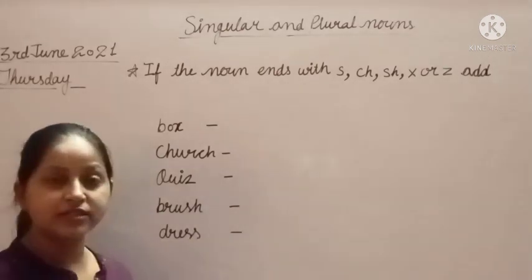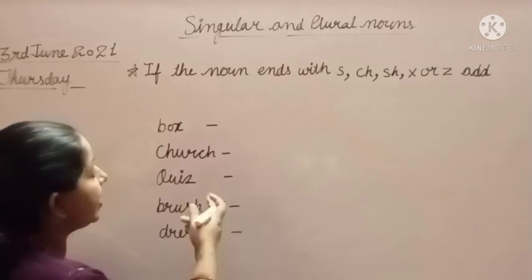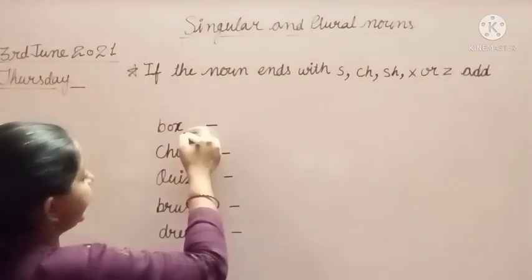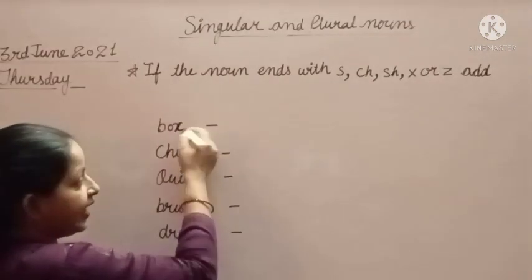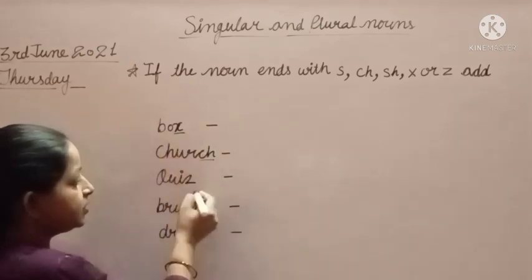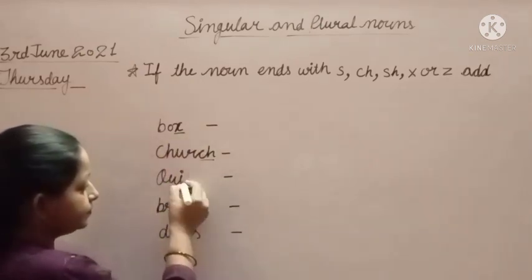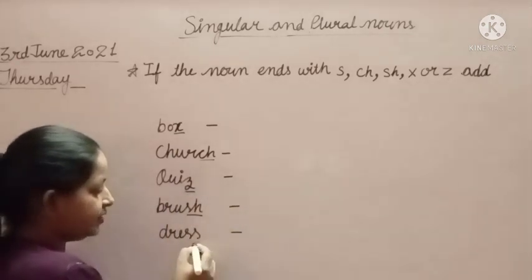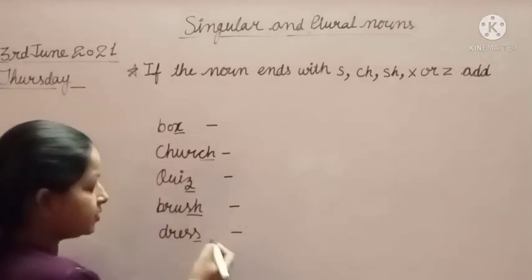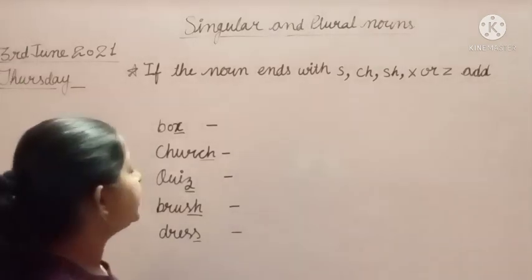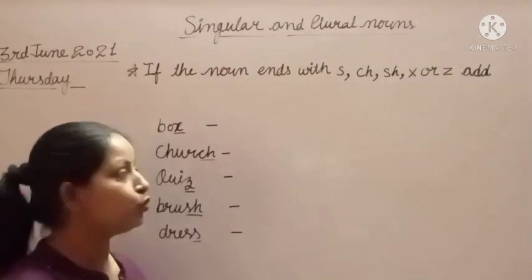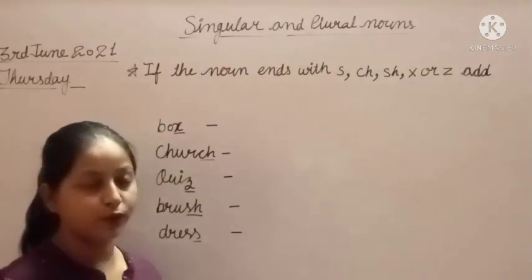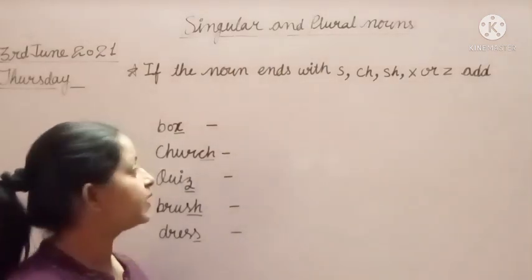Yes, students, here are some nouns that are ending with X, CH, Z, SH and S. So students, tell me what will you do to make plural of these type of nouns?